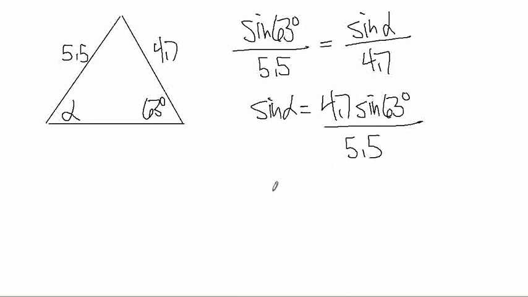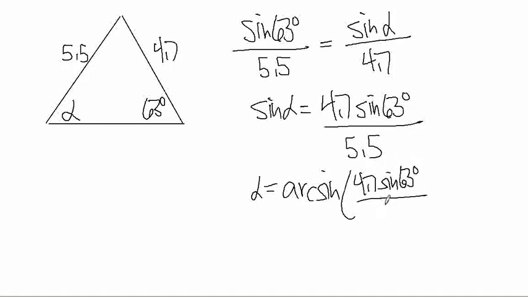So let's take the arc sine of both sides. Now you can punch it into a calculator and get the following approximate angle measure: 49.6 degrees.